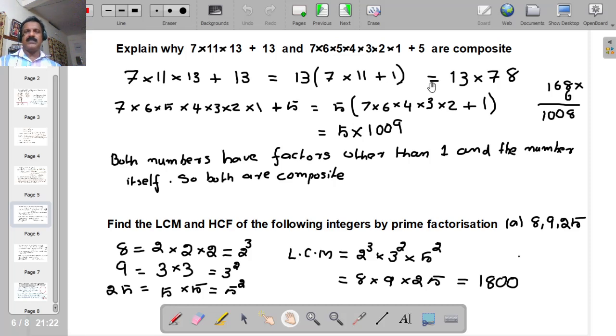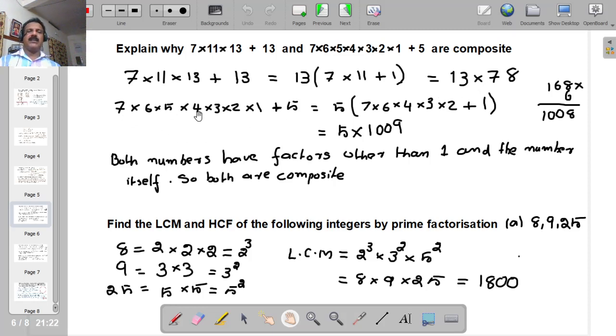So this would be equal to 13 times 78. Therefore, this number has two factors other than 1 and the number itself. So it is a composite number.